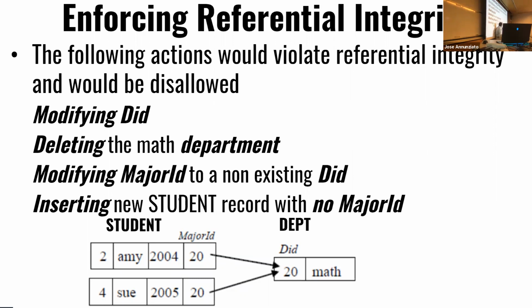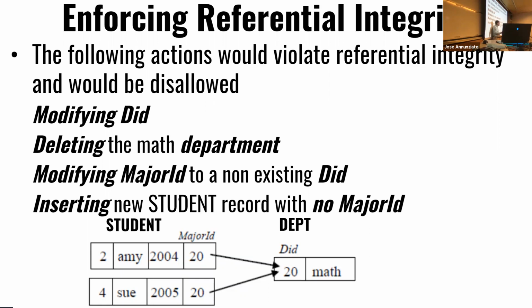I can say that whatever happens to the parent's record cascades down to the children's. If I delete the parent record, that's going to cascade down to delete the child records, which here makes no sense. It makes no sense that if I remove the math department, I'm also going to remove all the student records.